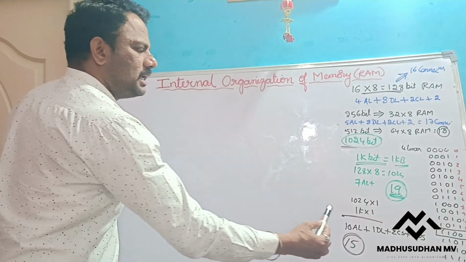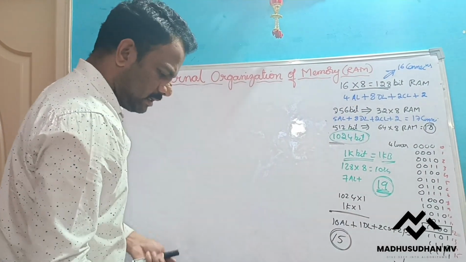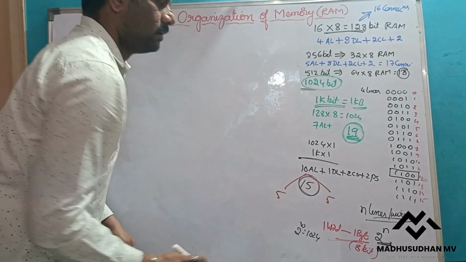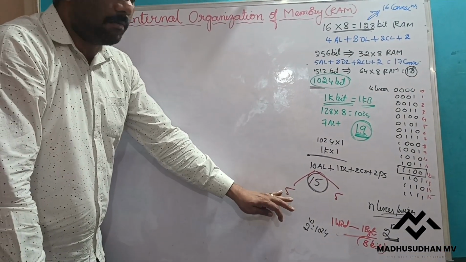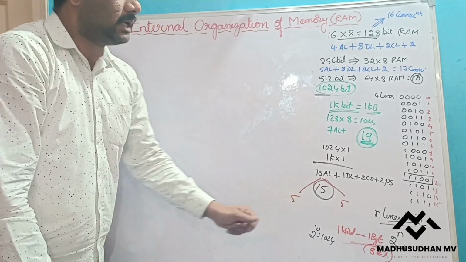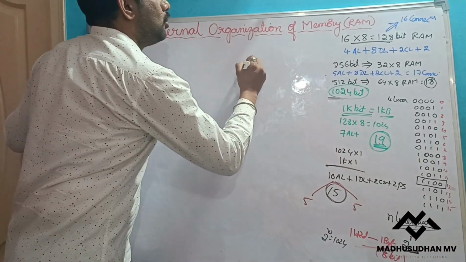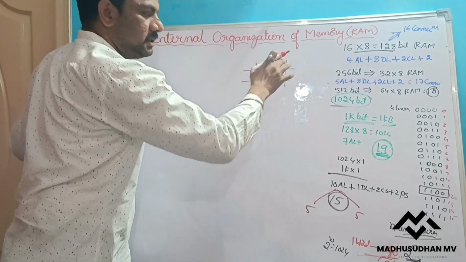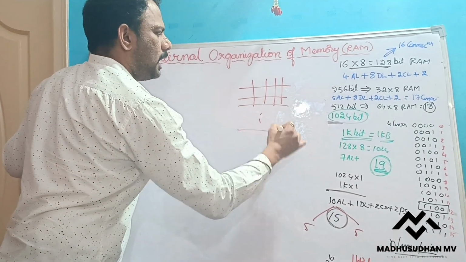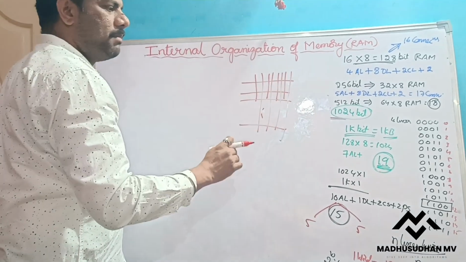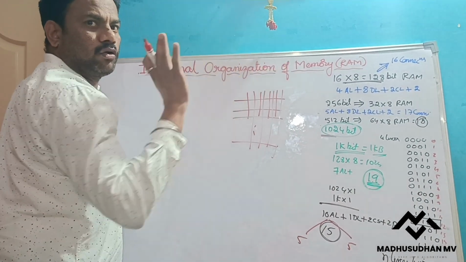Now, since I need 10 address lines, I will divide them into 5 and 5. The 5 I will use as the row address and the 5 as the column address. Until now, what I did was 16 rows and 8 columns, right? Instead of that, now I will make it 32 cross 32.